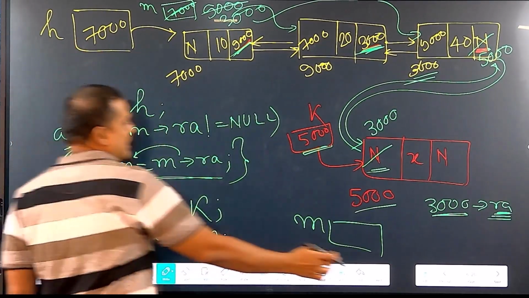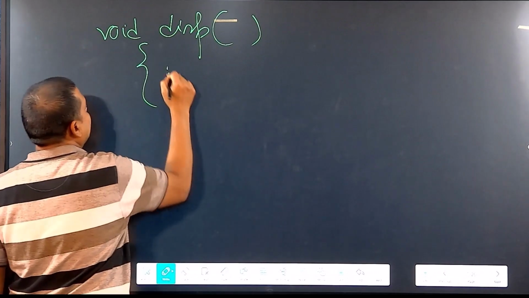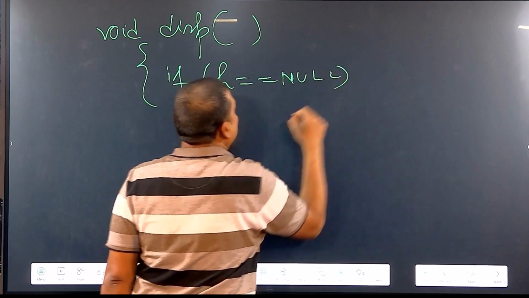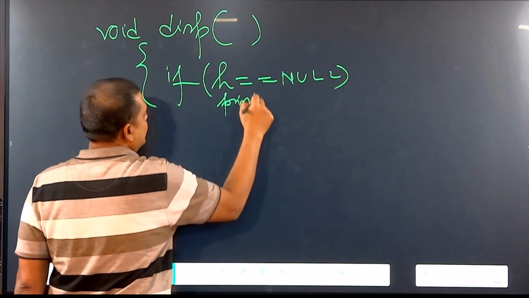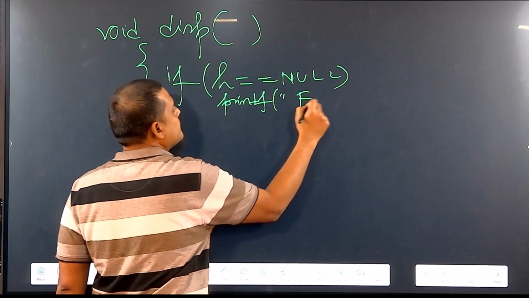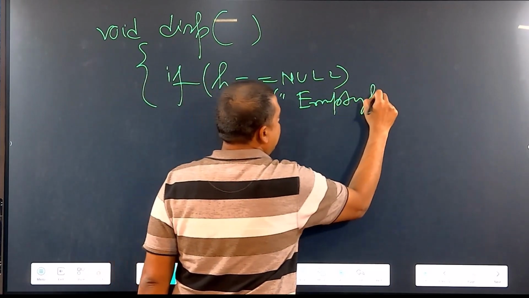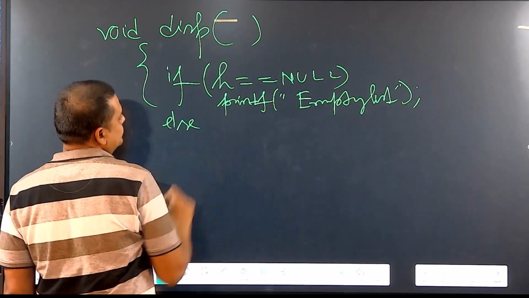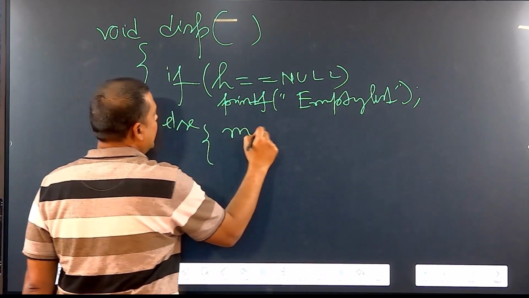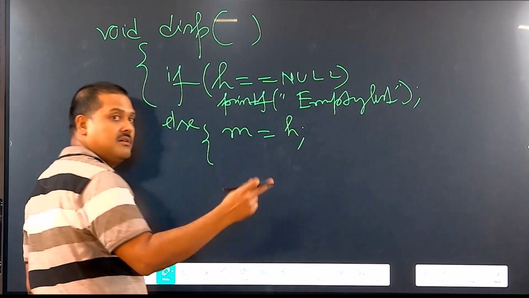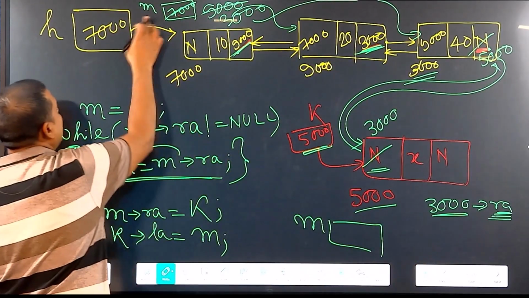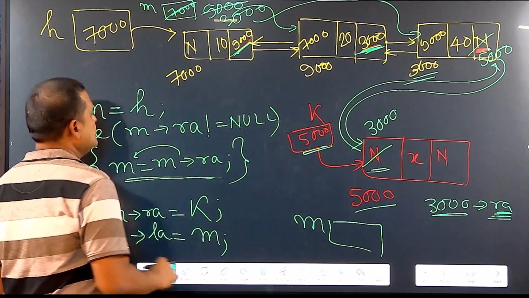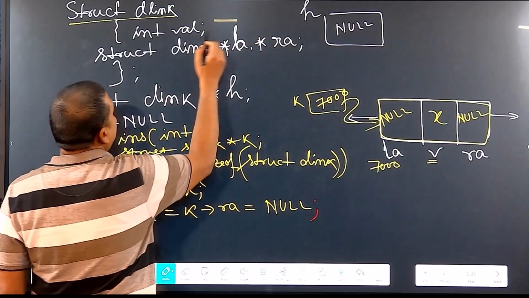If head equal null, I will say printf empty. Now, in the else case, I will copy the head and again traverse through the list. As m is local to the block, we can use m, but here we need to declare m.